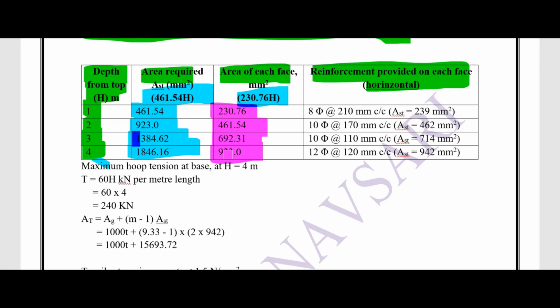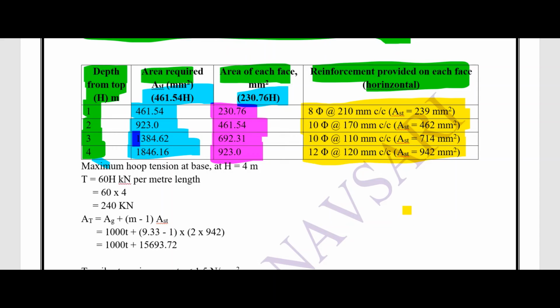For this area of each face we provide reinforcement of 8 mm dia at 210 mm center to center, 10 mm dia at 170 mm, 10 mm dia at 110 mm, and 12 mm dia at 120 mm center to center.